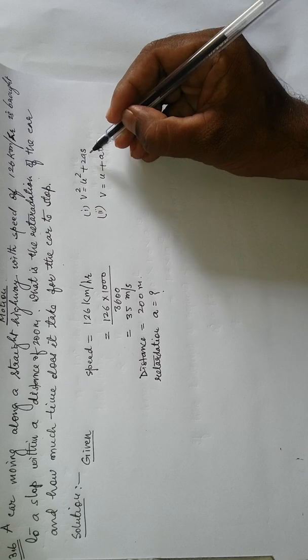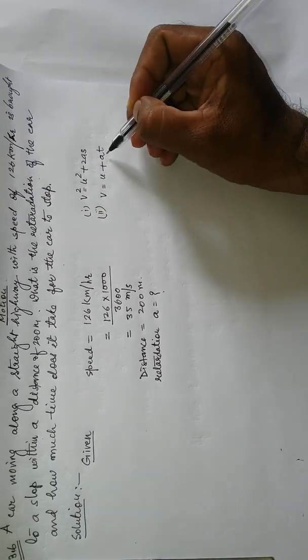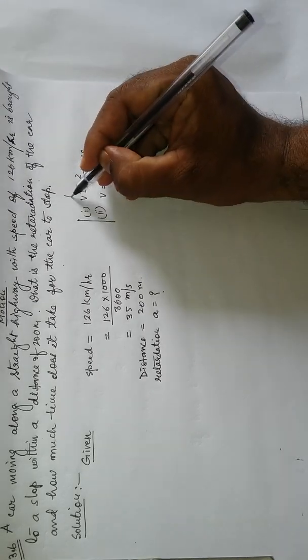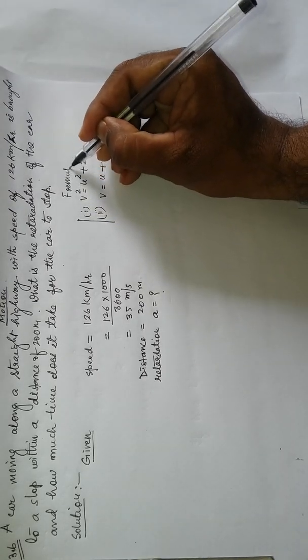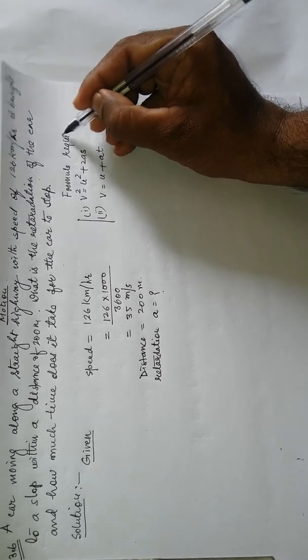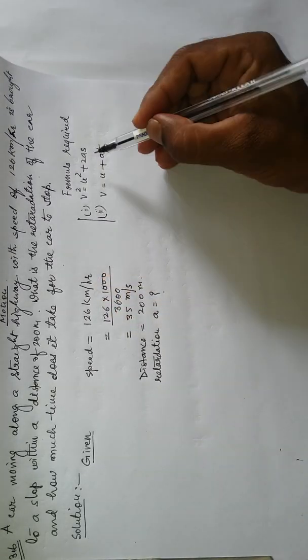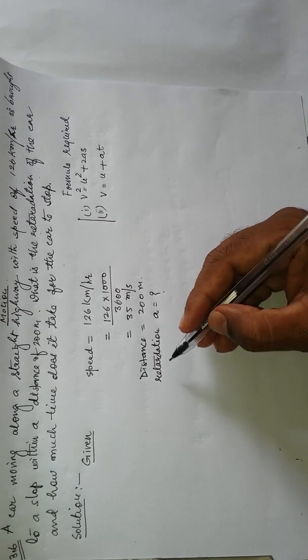Once we get the value of a from the first equation, we will substitute it in the second equation. This is the formula required for calculating the retardation first, and then we will calculate the time.